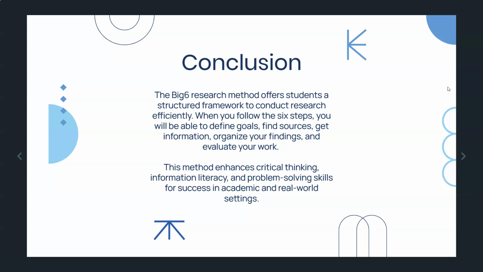You're taking notes, you're organizing everything, and then you're putting it together to create your own final project, whether it's an essay or whether it's a multimedia presentation. And then you are evaluating yourself during this process.